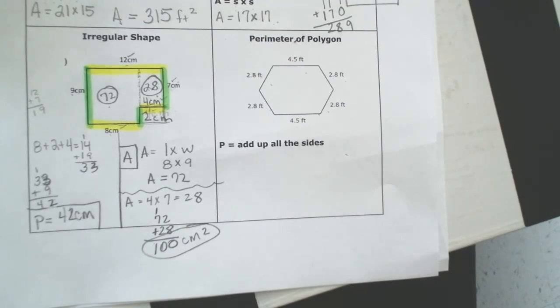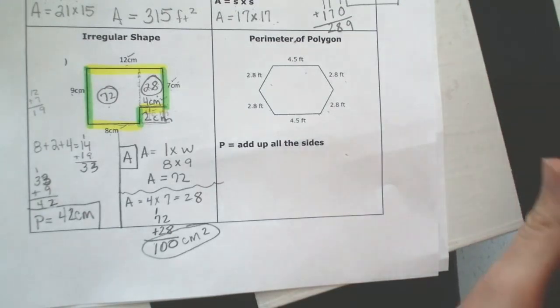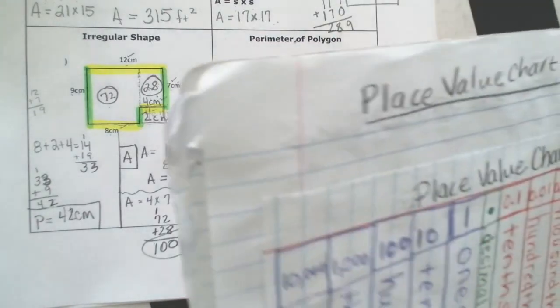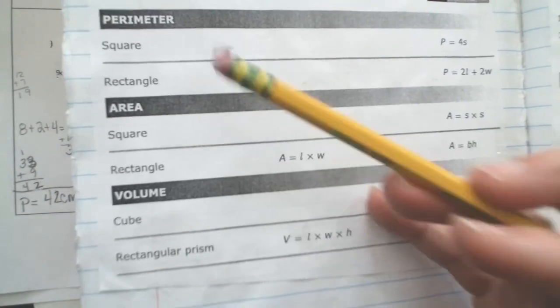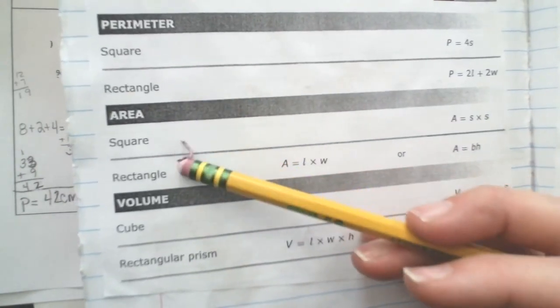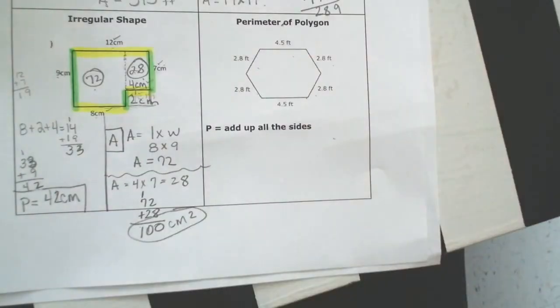Okay? And that's when we're going to have to remember that when we find the perimeter of any shape, all we have to do is add up all the sides. Because if you look at our formulas here, it would be a waste of time to try to look to see where that formula was. Because this says square, rectangle, square, rectangle. So they don't give us a formula for that.